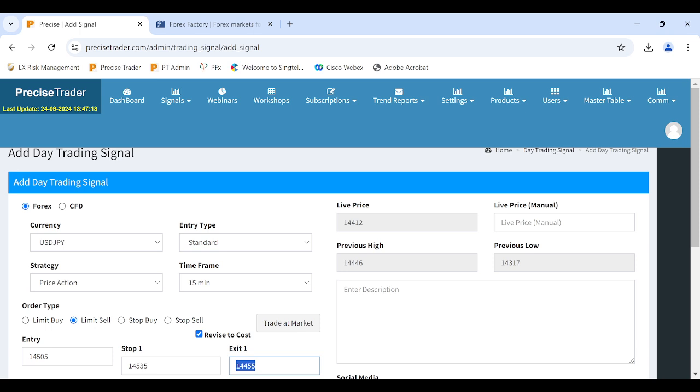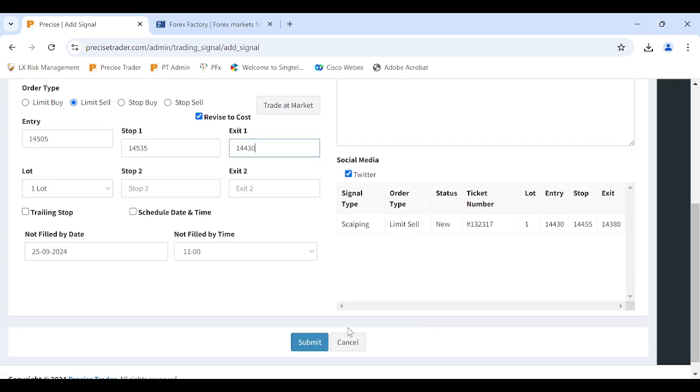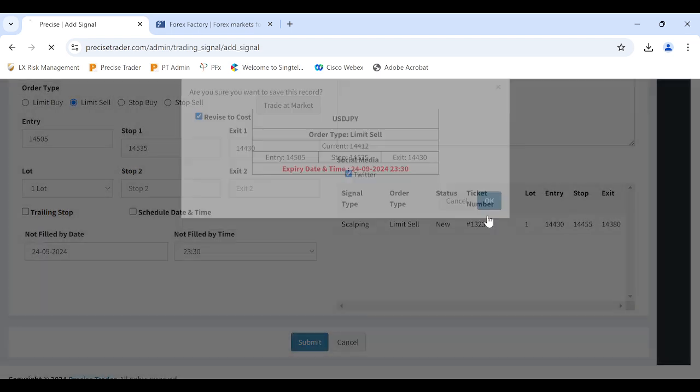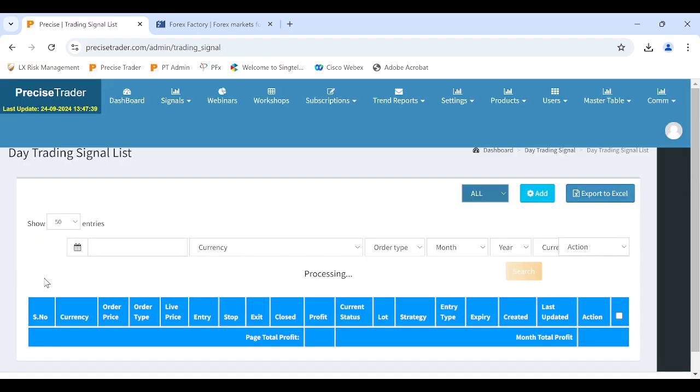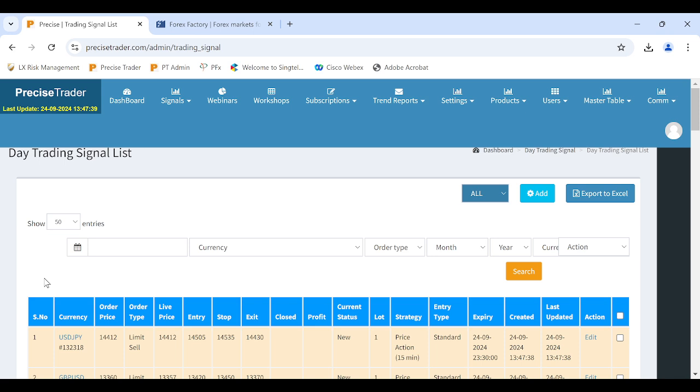So if we are selling here, then probably we may want to exit at 144.30 or 143.80. And again, the expiry we are looking at is until tonight, 23:30. So this trade is going to be an extension of the previous high. If the previous high breaks or our scalping trade gets stopped out, then we may take this as a re-entry. Okay, so this is for dollar yen.